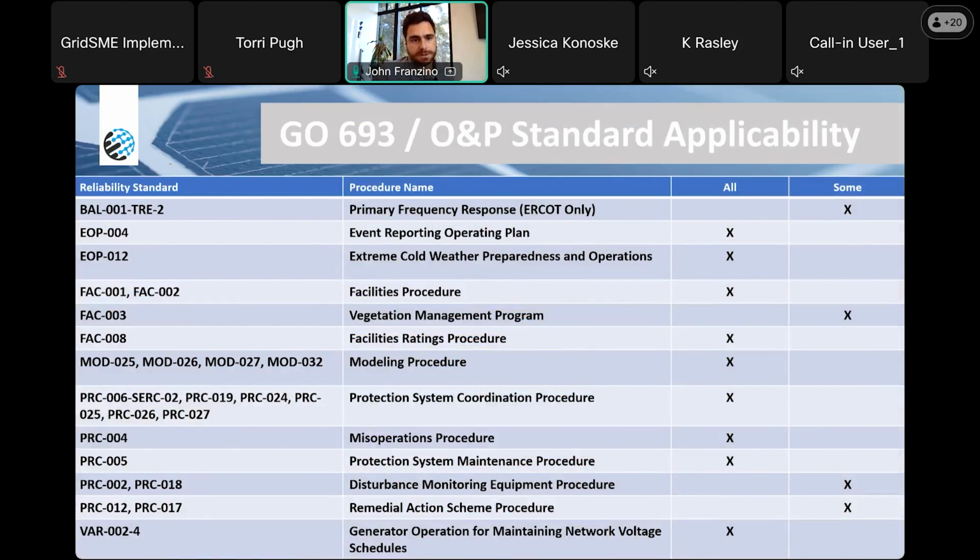So this is for the generator owner registration. However, there are some additional carve-outs for applicability, like one we'll talk about on the vegetation management program. Not every generator owner, and associated generator, has to have a vegetation management program. It has to do with the type of gen tie you have. So that'll come into play for some of the standards.